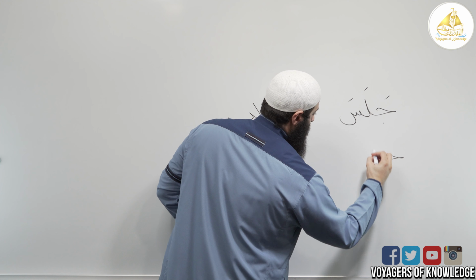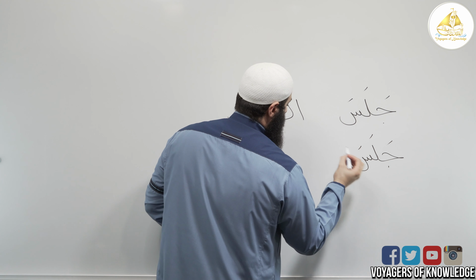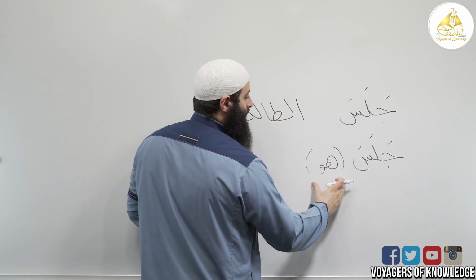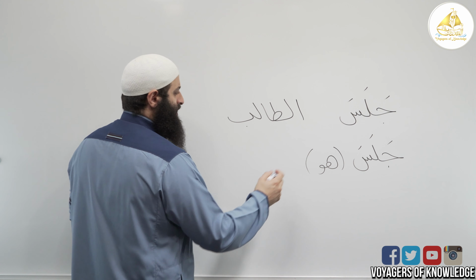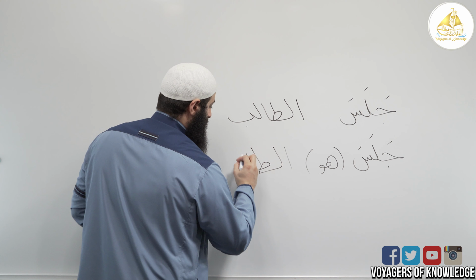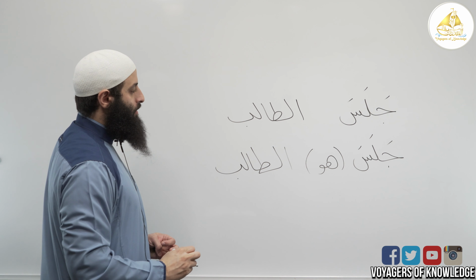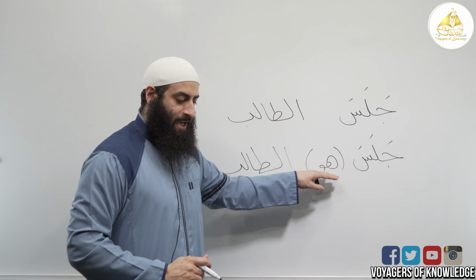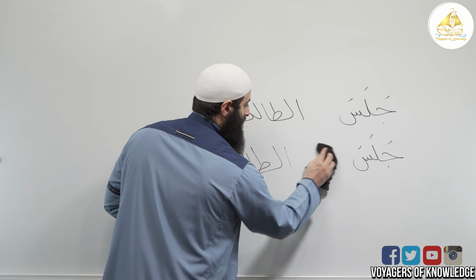We also said that there's always this huwa for these types of verbs, this three-letter verb. So is it جلس هو الطالب? No. Here huwa is not necessary, so it is not going to be there. We're going to erase it.